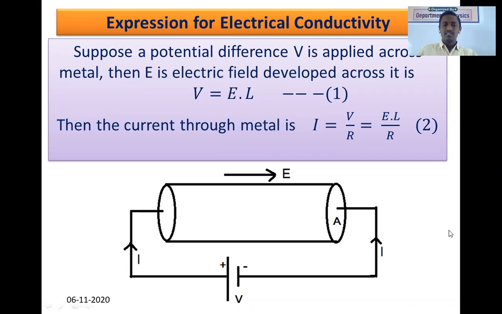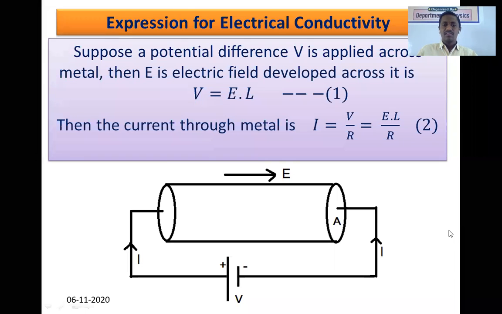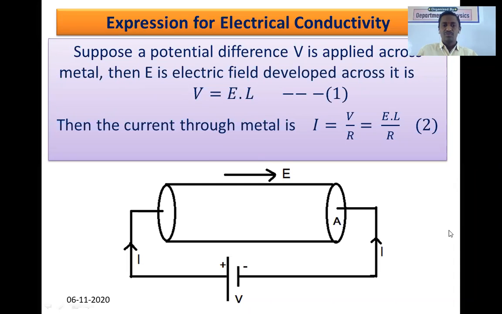So the electric field E equals potential per unit length, E equal to V upon L. Therefore, the potential applied can be written as V equal to E into L. That is our equation number 1.